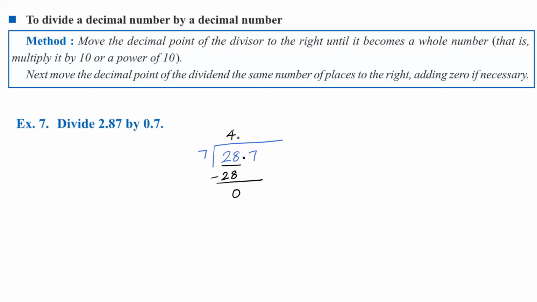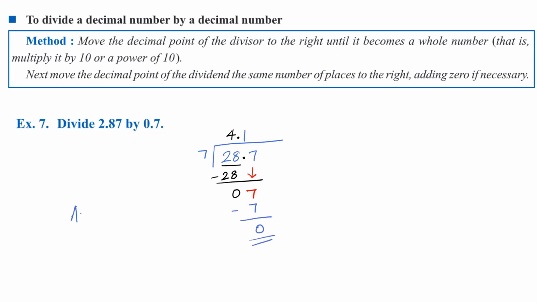Whenever you see the decimal point, put the decimal point in the same position in the quotient. Now we can carry down this 7. Now 7 is divisible by 7, so it will be 1 here. You'll get 7, and the remainder will be 0.